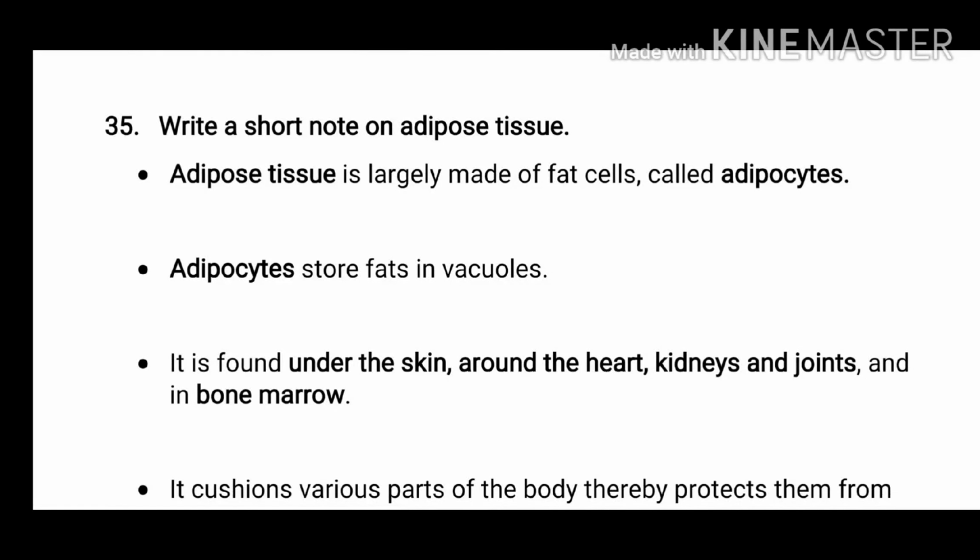So here also it cushions various parts of the body, thereby protecting them from injury as and when we fall. Next point, it also protects the body against cold. Next question, write a short note on tendon.